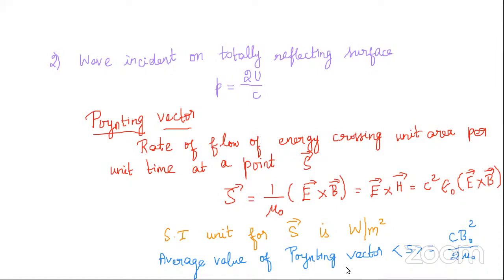This is one equation. And another equation is half epsilon naught E naught squared into c. All these formulas are applicable for average value of Poynting vector.